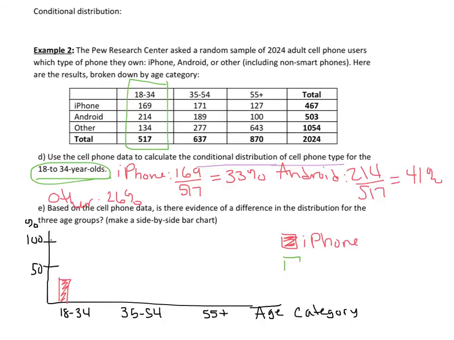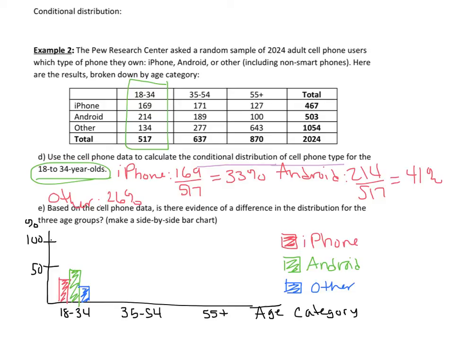Do the same thing for the Android and the other, and try to estimate as best you can. So the Android is about 41. The other, I'm going to make it blue, and that's about 26. So this is what it looks like for 18 to 34-year-olds.